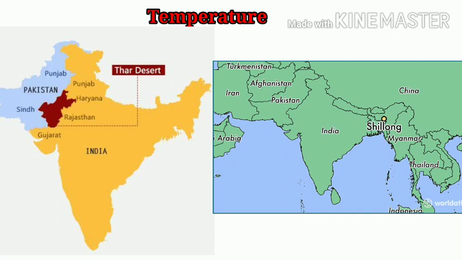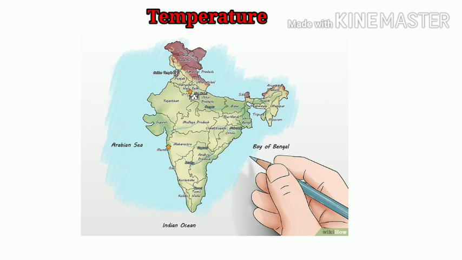The regions south of the Tropic of Cancer, like Maharashtra, Kerala, Karnataka, Andhra Pradesh, Telangana, and Tamil Nadu, have an average temperature of 25 to 27 degrees Celsius in the entire year. That's why it's called a moderating climate. It's not too hot and not too cold, because of the three water bodies: the Arabian Sea in the west, the Bay of Bengal in the east, and the Indian Ocean in the south.